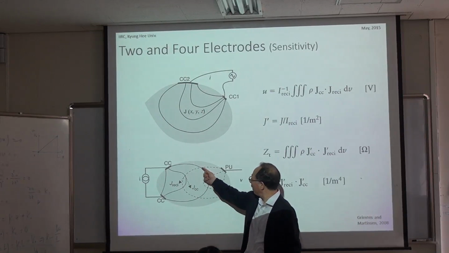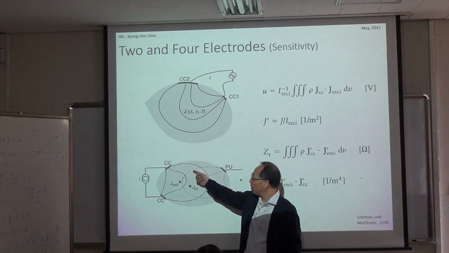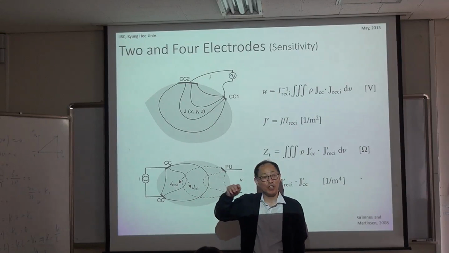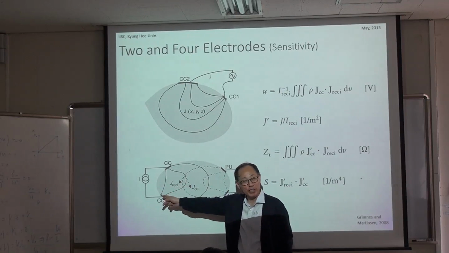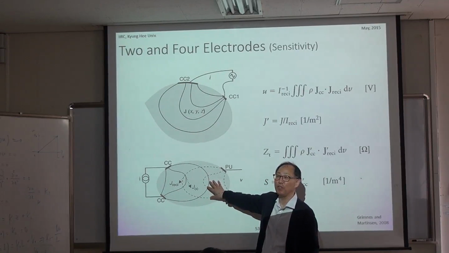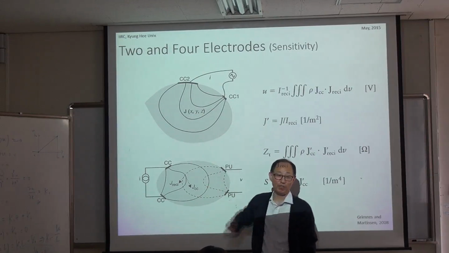At this point, we have negative sensitivity. So if we calculate the impedance as voltage divided by current, the impedance we get from this configuration is always going to be smaller than that configuration.